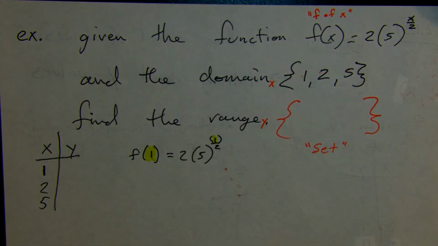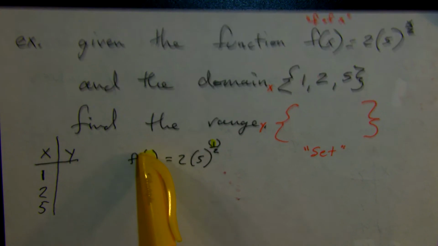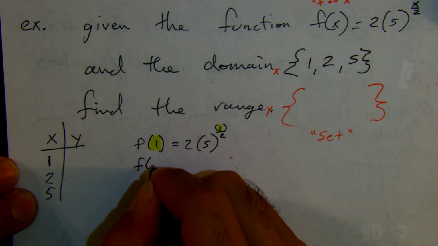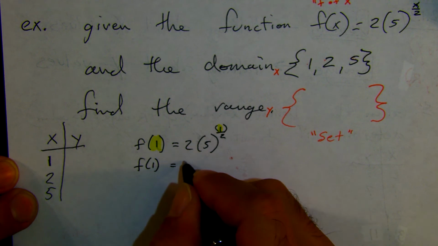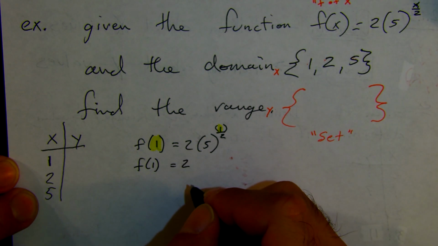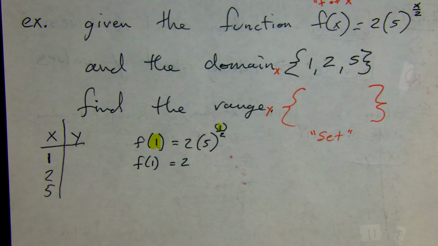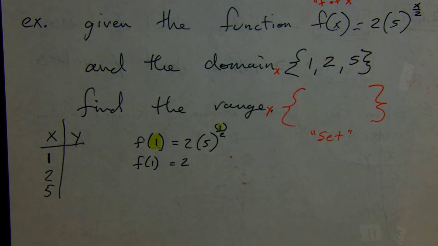Remember, all function notation is doing is reminding us what we're plugging in for x. We never touch the left side. That is just our reminder of what we are doing. So 5 to the 1 half is like 7.07 or something like that. 1 half is just a square root, so 5 square rooted.